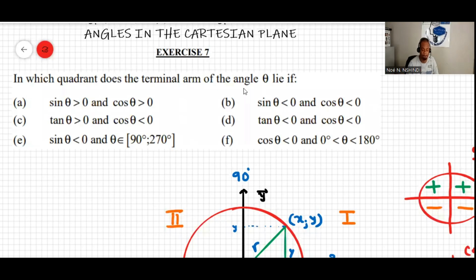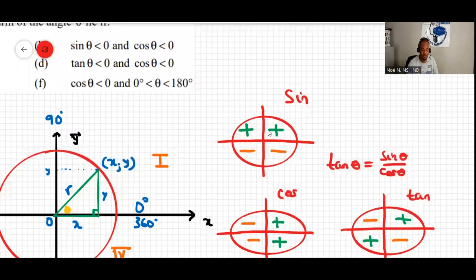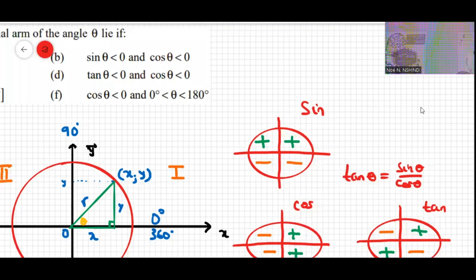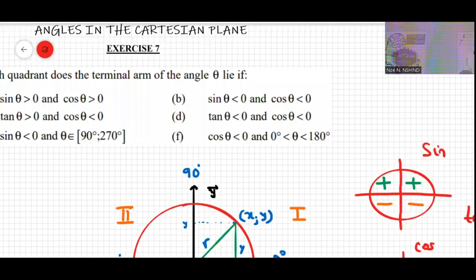Now, if I look here, sine is positive there, and cos is positive there. They're both positive over here. So the answer must be in the first quadrant. Sine and cos are positive on the first quadrant. So the answer is over here. We say on the first quadrant.